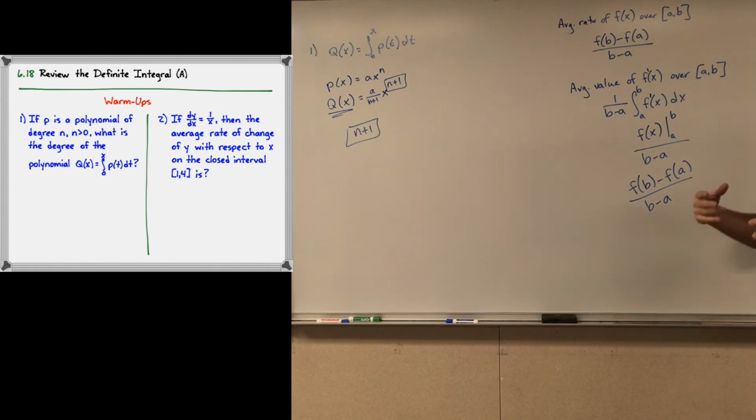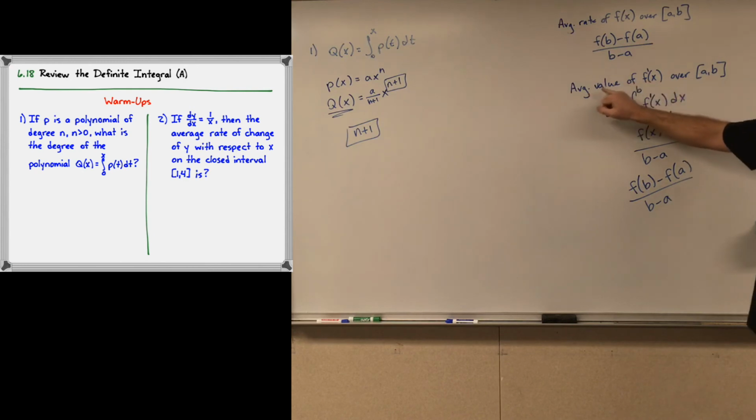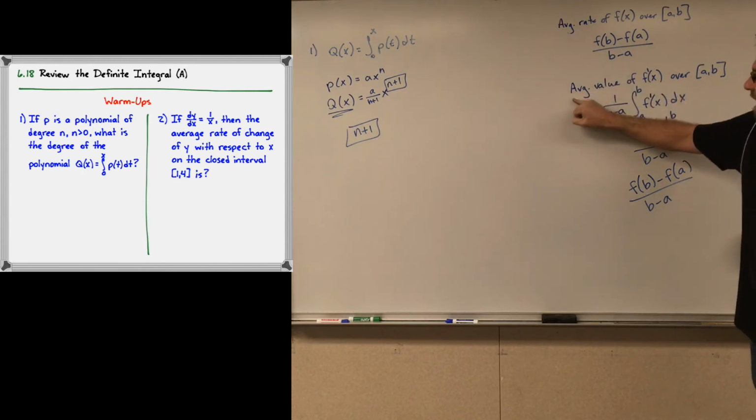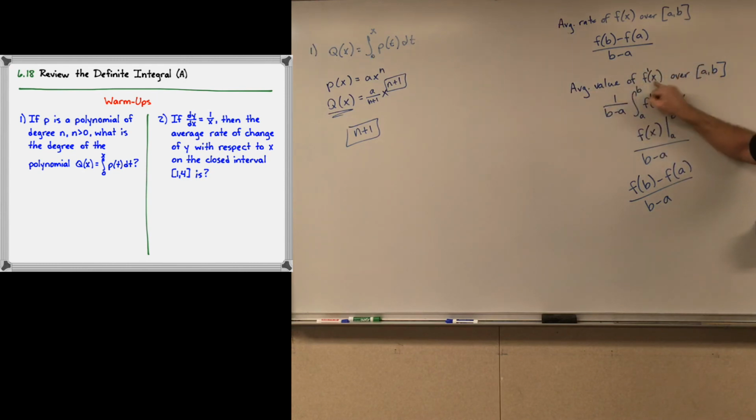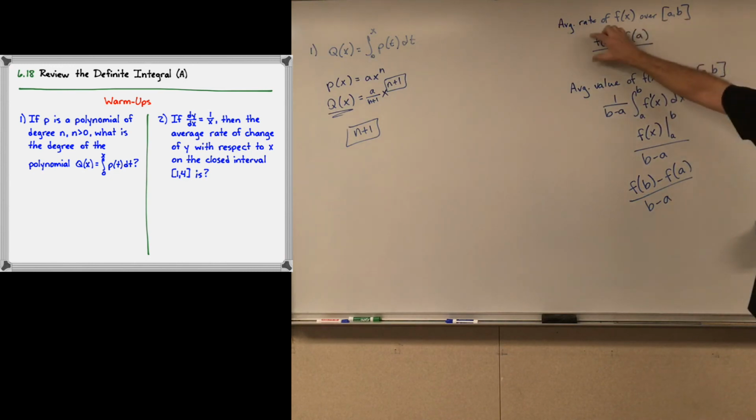So f prime is the rate. So we could rephrase this statement as the average value of the rate of f, or the average rate of f. So you can see that this equation is actually the same as that.